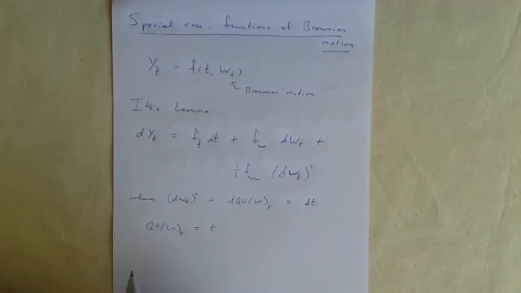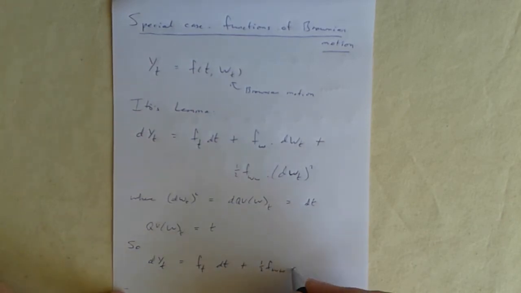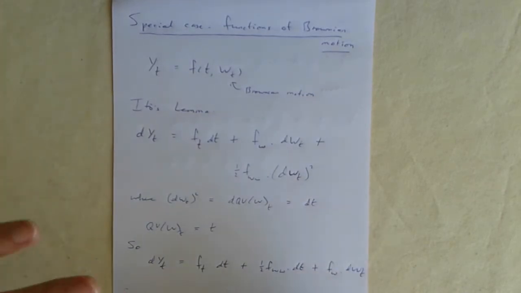which means we could combine it with this other term. So what we finally get for that case is two terms that involve dt, plus that term. So y_t is an Ito diffusion, its speed is this thing, this partial derivative, and its drift is the sum of these two terms.